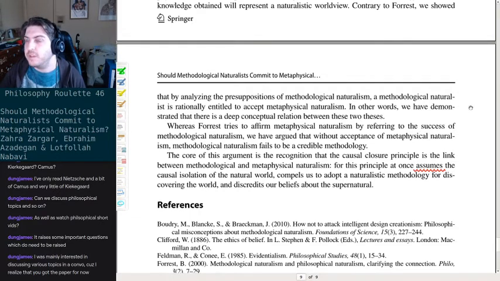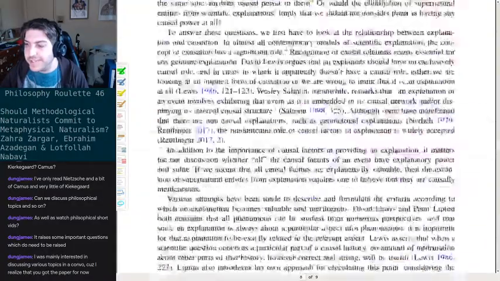And then once you already have a causal closure principle in mind, as the sort of methodological naturalist is wont to do, but not necessarily needs to do, you see, I'm not sold that the methodological naturalist needs to have causal closure.